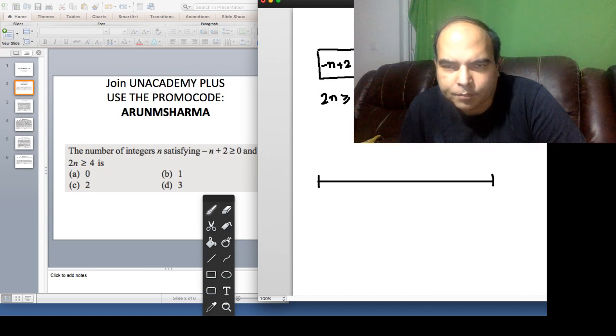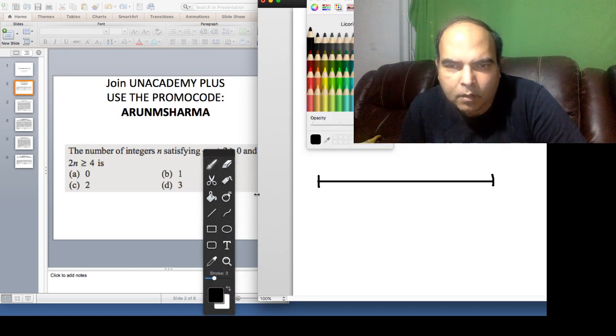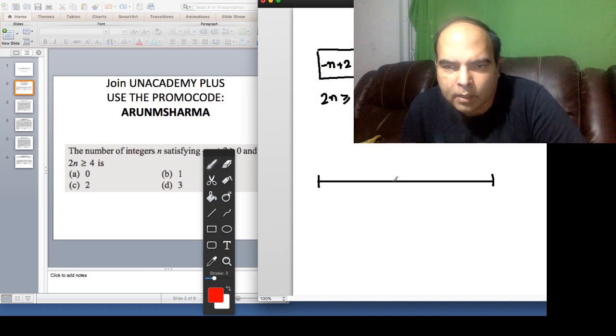For this to happen, think on the number line: if this is 0, where will this start happening? If you put 0 here, this is going to be 2. 2 greater than or equal to 0 satisfies.